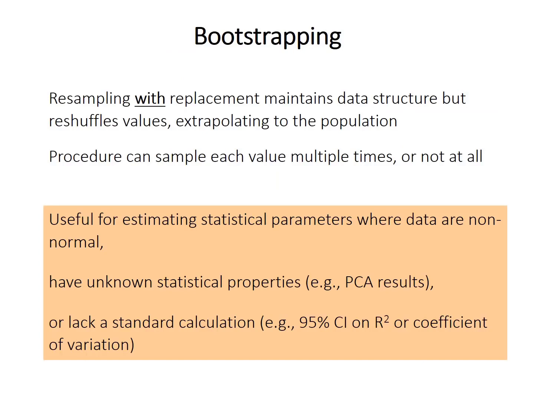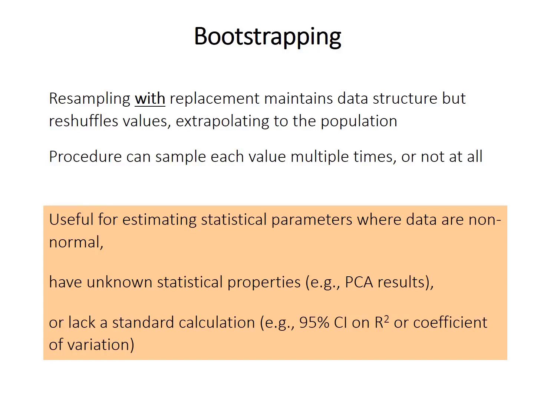So bootstrapping is resampling with replacement, so it maintains the data structure. We have the same number of observations or whatever, but it reshuffles the values to sort of extrapolate to the population. So as I mentioned before, each value can be sampled multiple times or not at all.